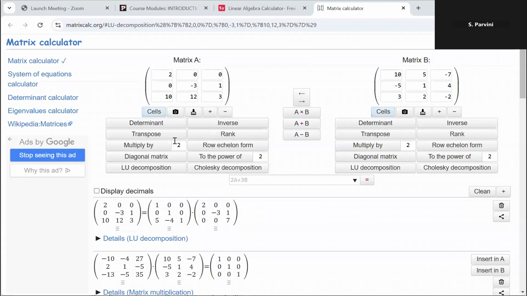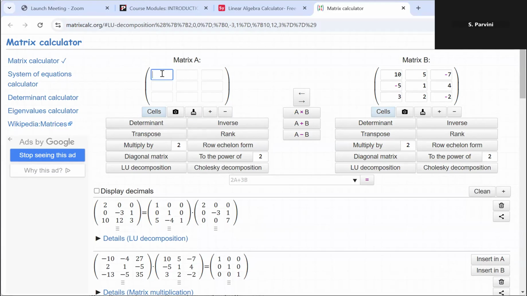Software here. Cool. So I'm going to clear this. What should I type in? Remember, we need to have a square matrix here. That's the matrix of coefficients, correct?